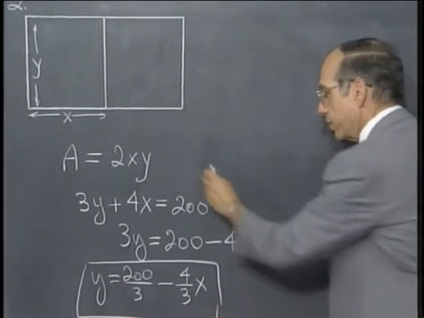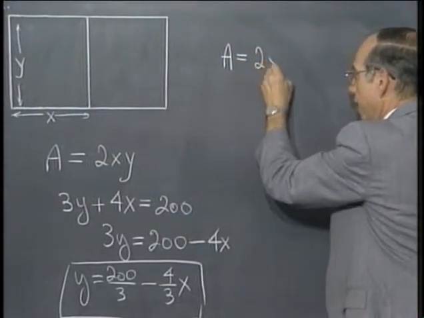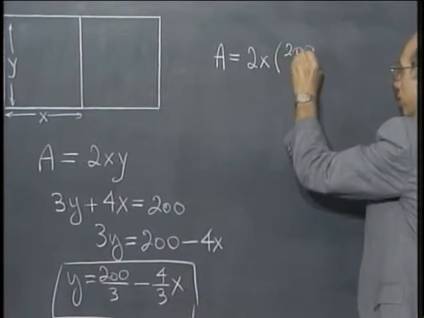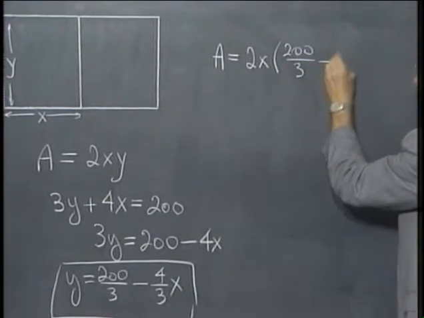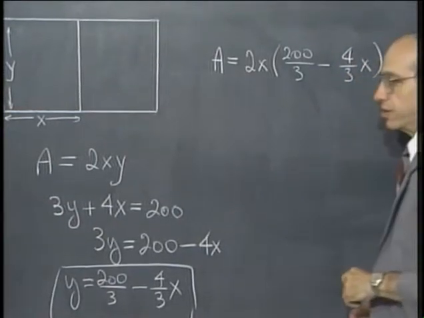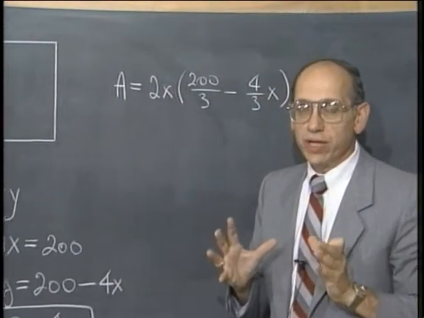Let's do that now. The area is equal to 2x times 200 over 3 minus 4/3 times x.